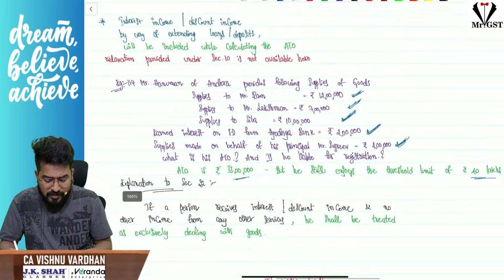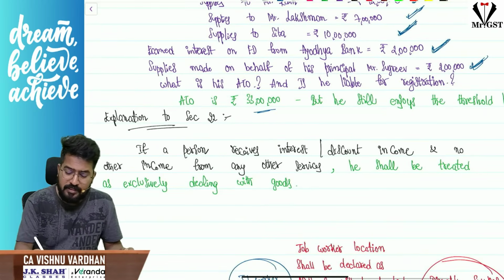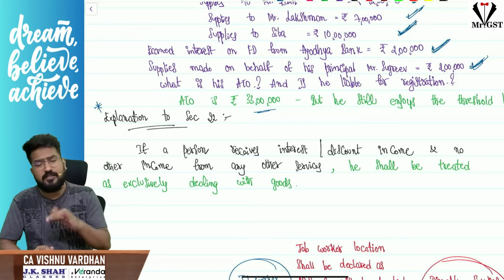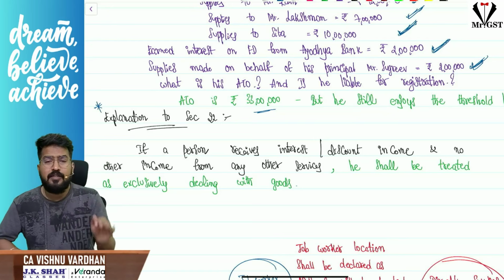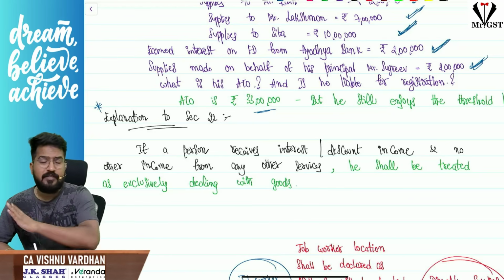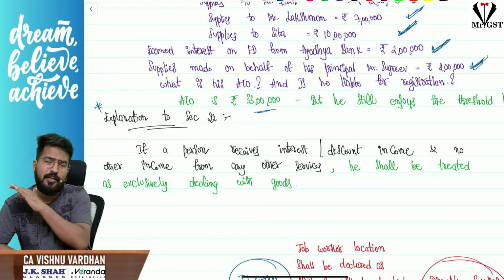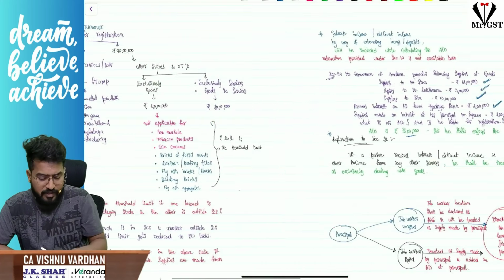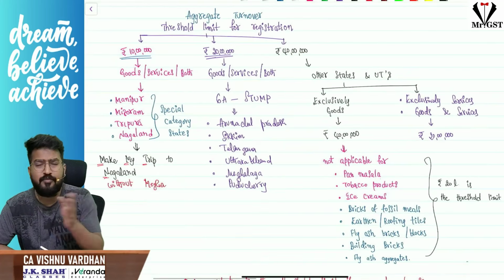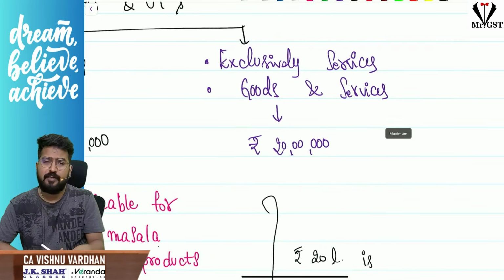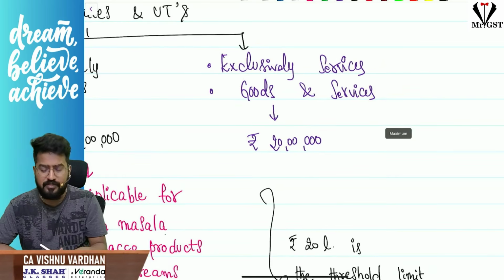Here there is an explanation. Normally, if you are providing services, your threshold limit is 10 lakh or 20 lakh, correct? In all the states, if you are dealing with exclusively services or both goods and services, the limit is 20 lakh.